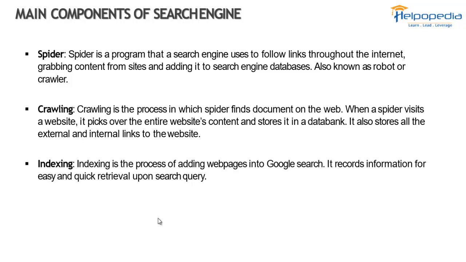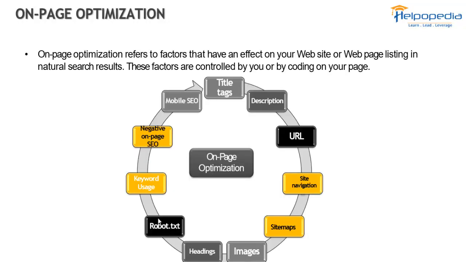Whenever people are searching for any keyword, Google will order all the websites in a particular order: this website will come first, this second, third, fourth, fifth, and then millions of websites in that order. Then the results are shown in the search engine, and people can browse all those websites. So this is indexing.